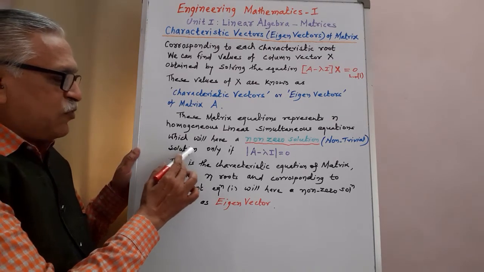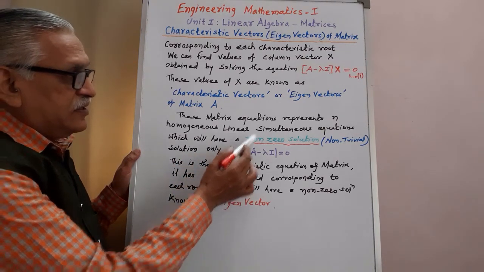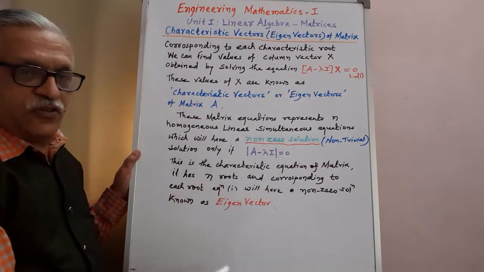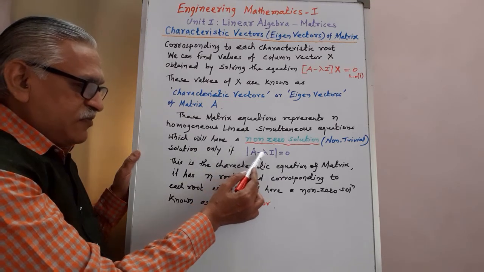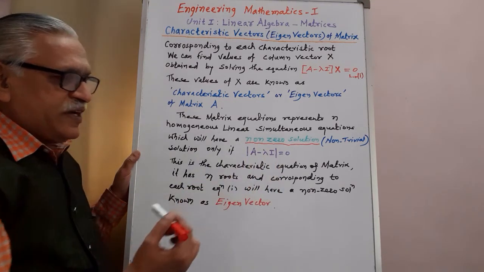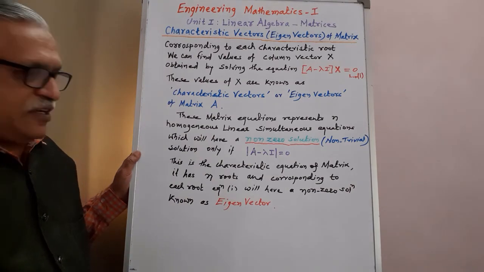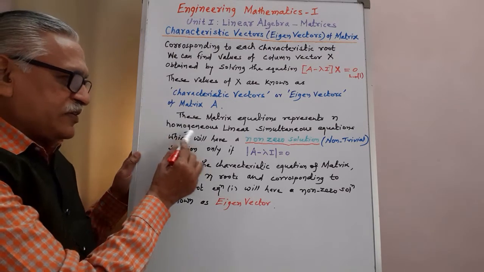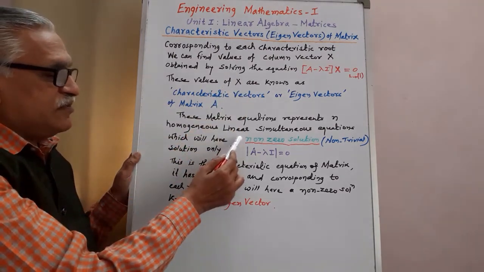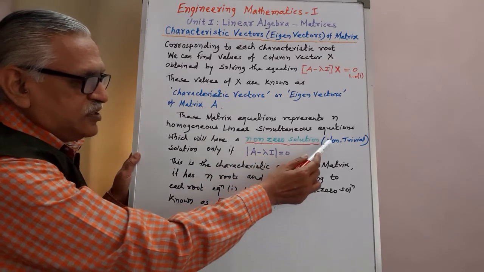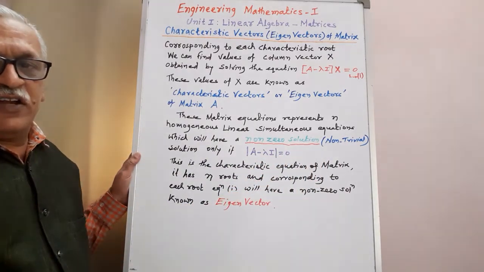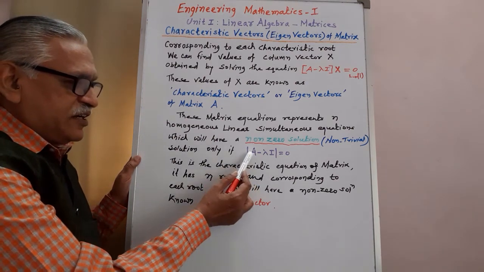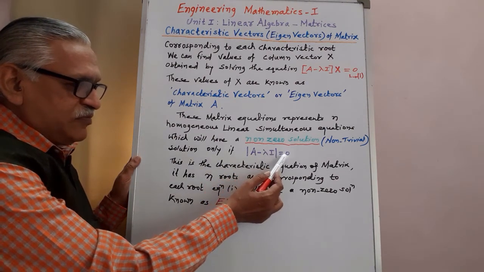It is possible only if the determinant of matrix A minus lambda I is equal to 0. If this determinant value is 0, then and only then we get a non-zero solution. If it is not 0, then we get a unique solution. But as per definition, the eigenvector must be a non-zero, non-trivial or infinite solution, and the condition for infinite solutions is that the determinant of that matrix must be 0.